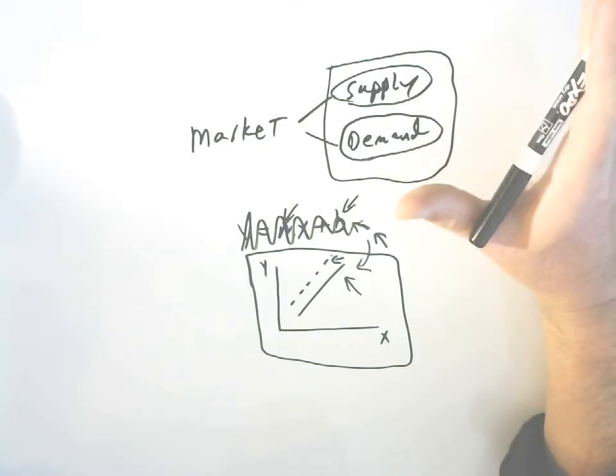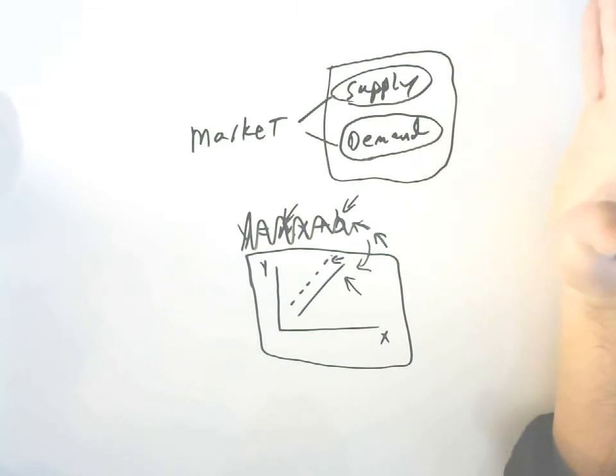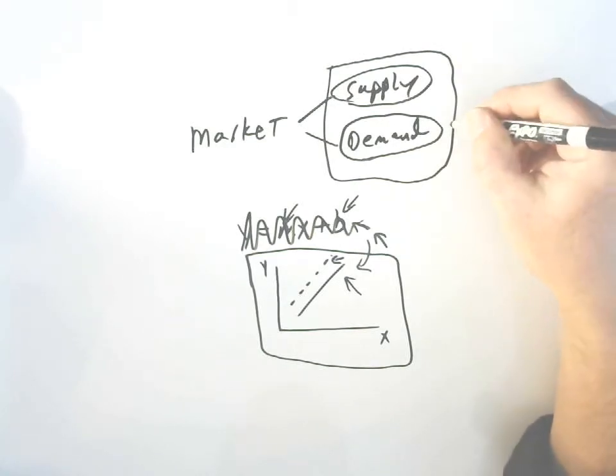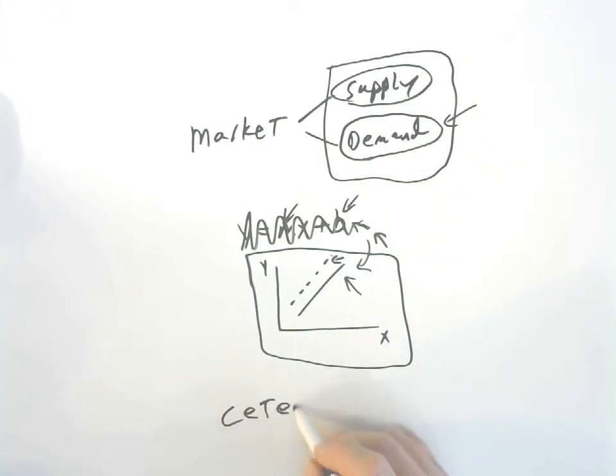The next thing I want to talk about quickly before we get into modeling markets, and specifically modeling demand, which is what we're going to start with, is a term economists often use called Ceteris Paribus.